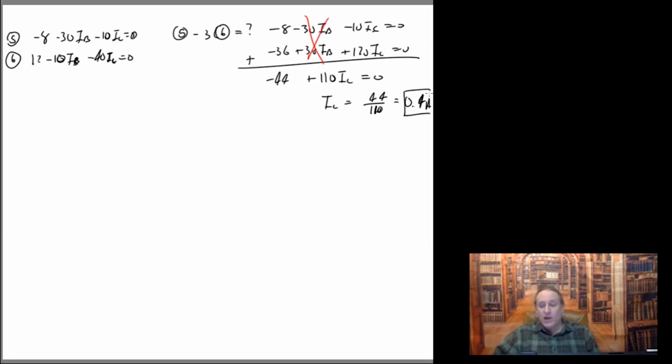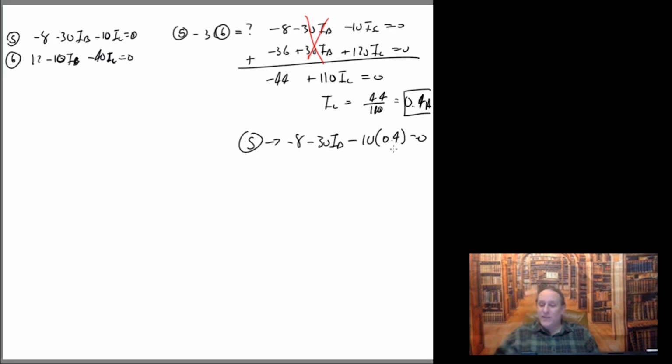Now, once we know IC, we can go back into these two equations and find IB. So maybe we take equation 5 and rearrange it. We're going to have -8 minus 30 IB minus 10 times 0.4 equals 0. So I'm putting in my IC as 0.4.